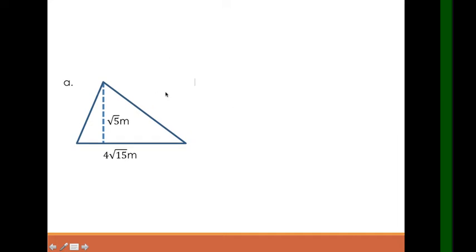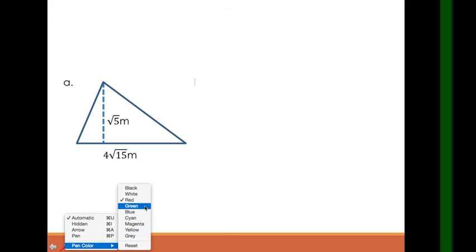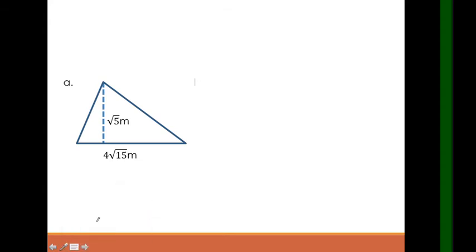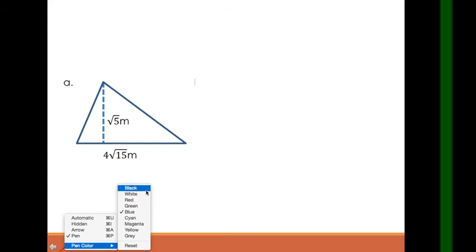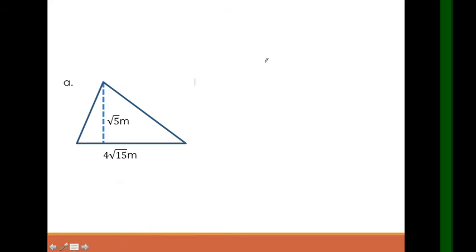So let's start with the first one. So let me first choose my pen for this portion. Let me choose the red-black pen. Okay. So here in our triangle, we are given square root of 5 and 4 square root of 15. Remember that in finding the area of a triangle, we have the formula BH over 2.